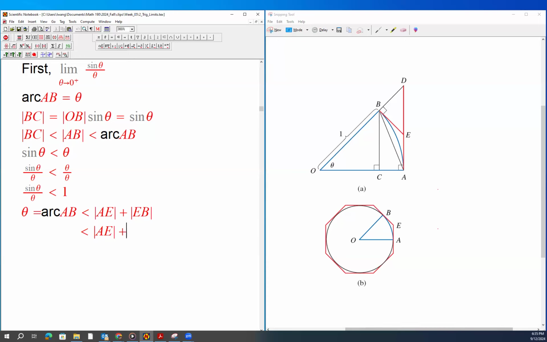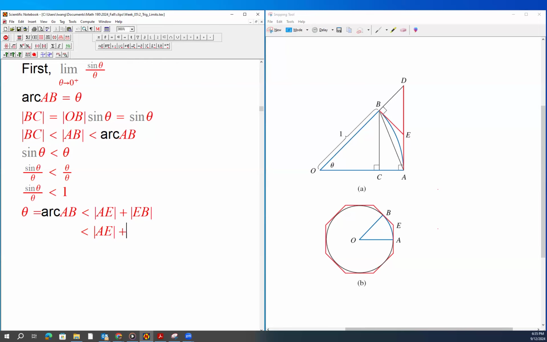From B, we draw a tangent line. BE is a tangent line passing through B, and OB is a straight line.